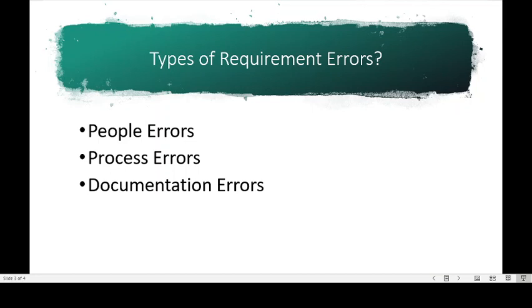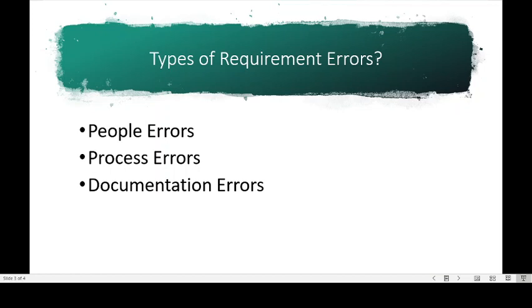Some examples of process errors are errors occurred during requirement elicitation phase, analysis errors that occurred during performing the requirement analysis activity, and traceability errors caused because of incomplete requirement traceability process.